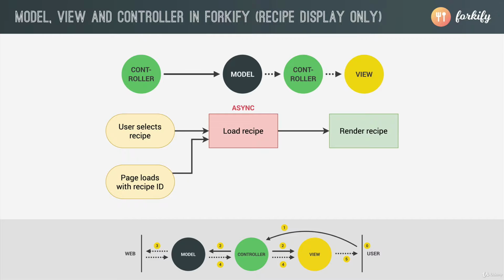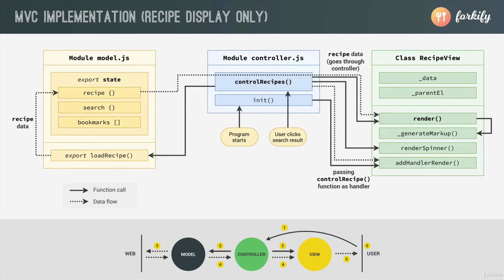So that's what every step of the flowchart is associated to in the MVC architecture. But this is still quite abstract, because remember, the flowchart is simply what we will implement, not how we will do that.